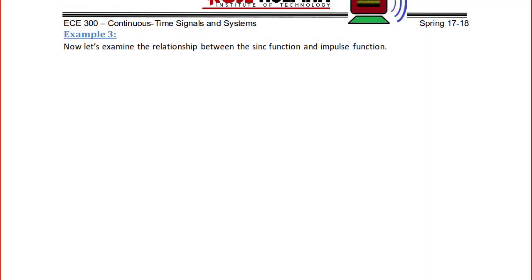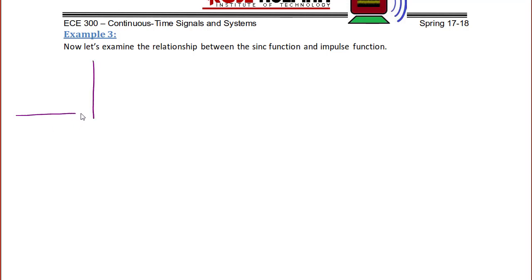Example 3. Now let's examine the relationship between the sinc function and the impulse function. What we're going to do is verify our result to example 1 by finding the area under the sinc function and confirming that it is indeed 1, so that we can say that the sinc function is converging to the impulse. Okay, so first let's create our sketch again.